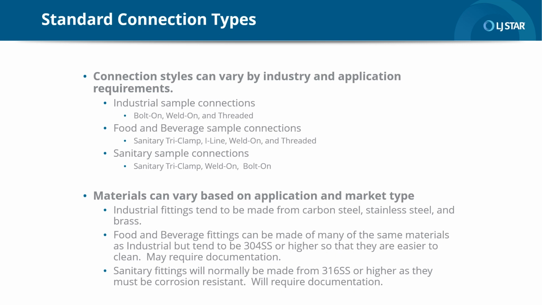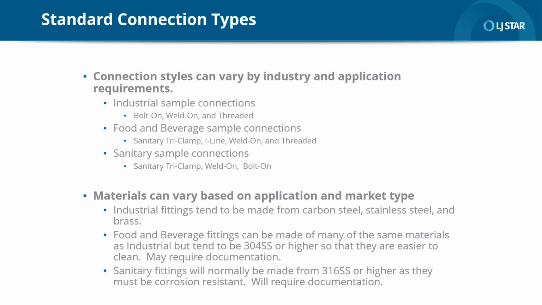Same goes for food and beverage. You're going to get more into a sanitary fitting. So you may see some more tri-clamps, you may see an I-line, a weld-on, threaded, depending on where it's going in those applications. And then in sanitary, where you get into pharmaceutical, you're going to see a lot of sanitary tri-clamp fittings.